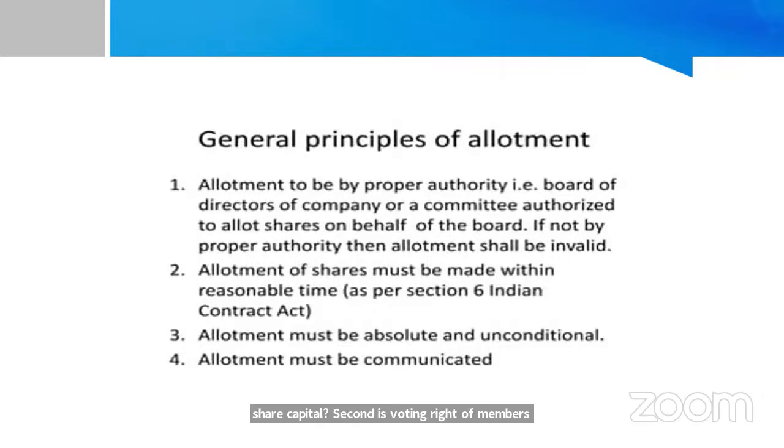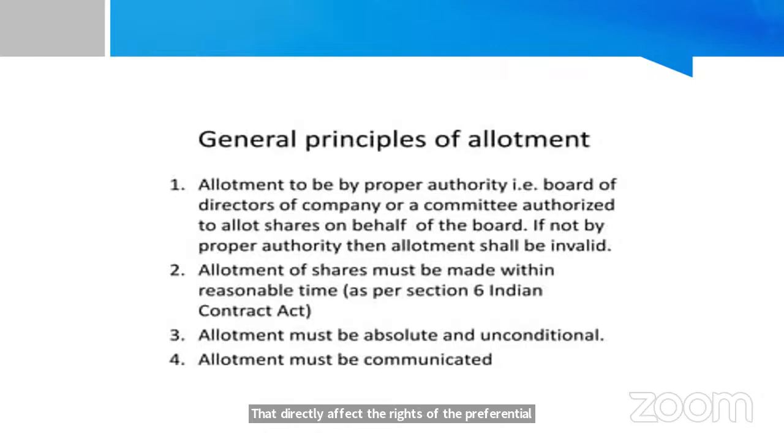Section 47, subsection 2 of this Act says that every member of a company who is holding preference share capital will have the right to vote only on resolutions that are placed before the company that directly affect the rights of the preference shareholders.